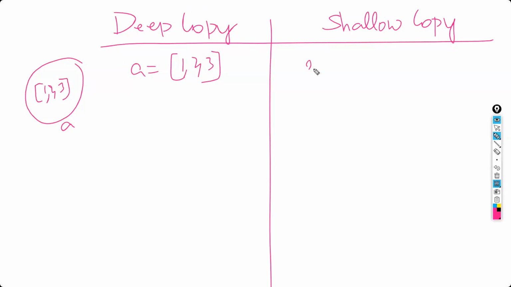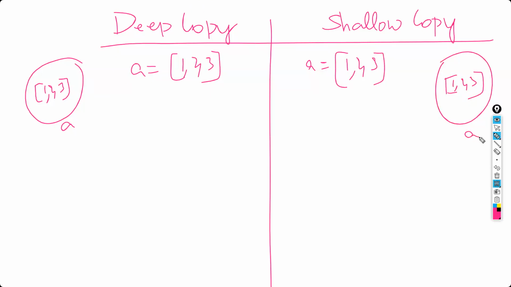Completed? A is equal to 1, 2, 3. And it is going to create one object 1, 2, 3 with A. Now, B is equal to A. What is the meaning of B is equal to A? First the right side part will be executed. What is the right side part? A. What is inside A?